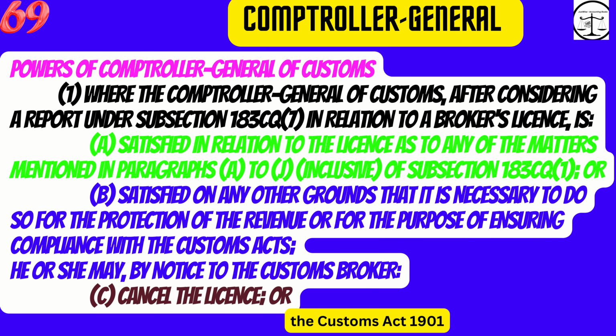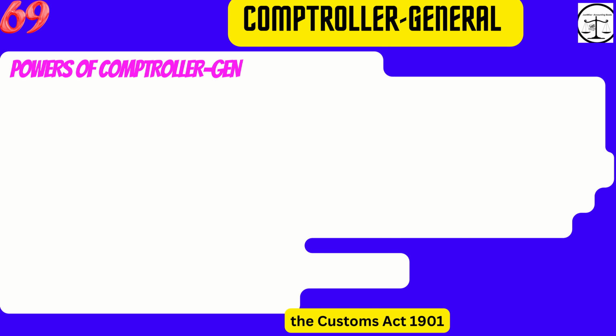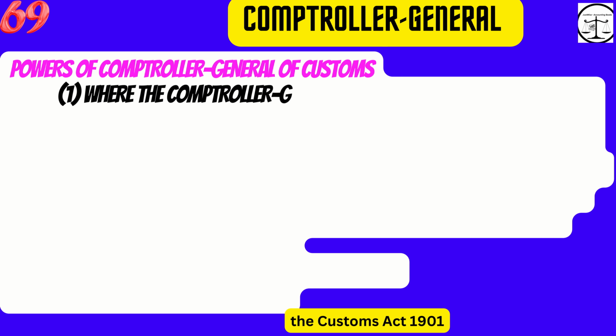Word number 69. Comptroller General of Customs has the same meaning as in the Customs Act 1901. Powers of Comptroller General of Customs. 1.